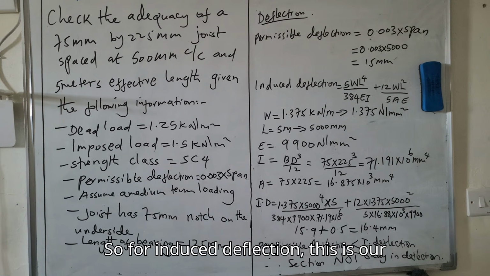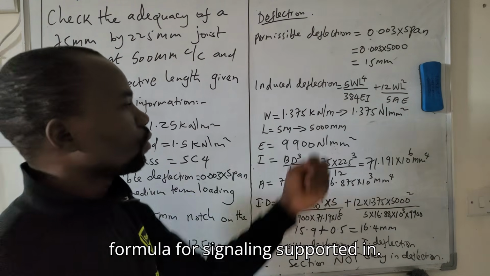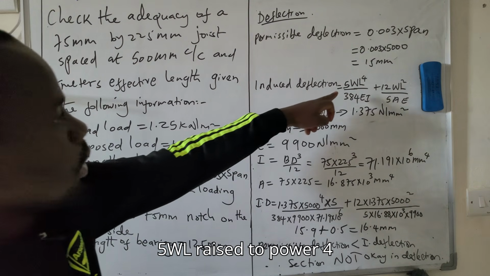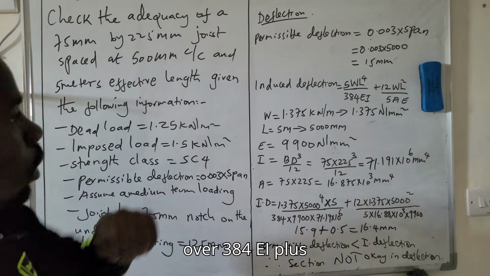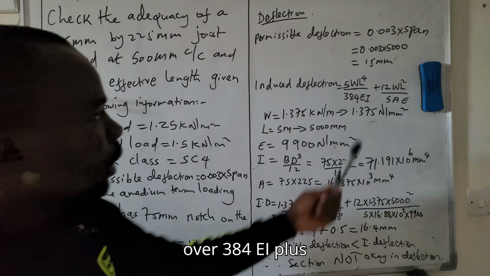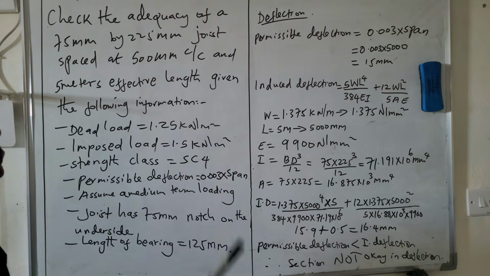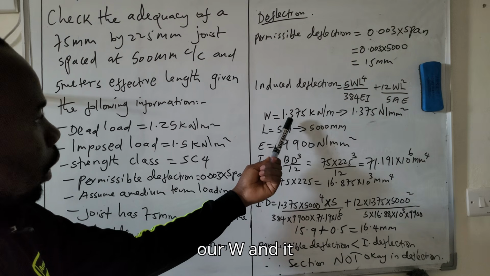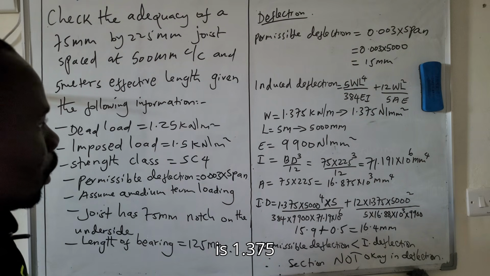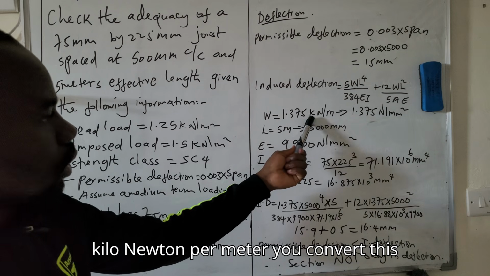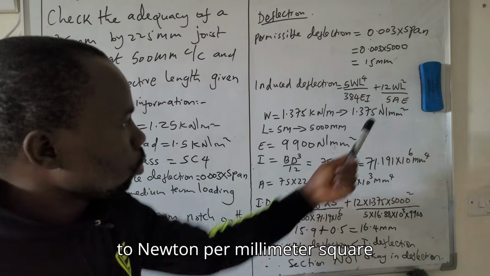So for induced deflection, this is our formula for a singly supported beam: 5WL^4 over 384EI plus 12WL² over 5AE. So our W, we calculated our W, and it is 1.375 kilonewton per meter. We convert this to Newton per millimeter.